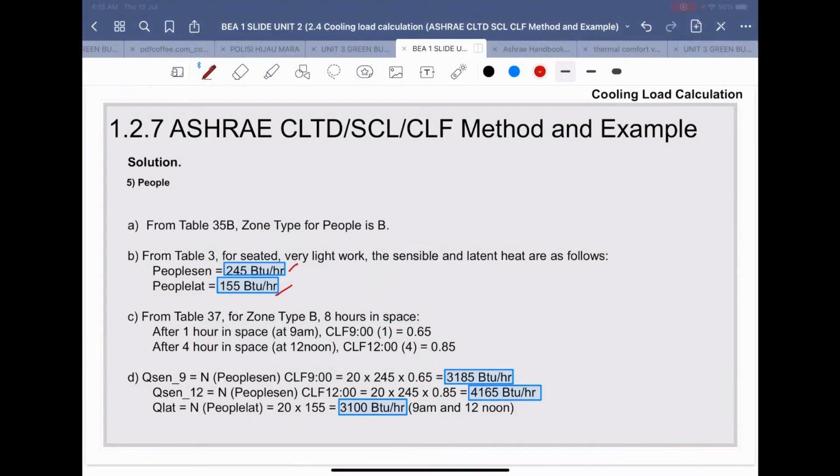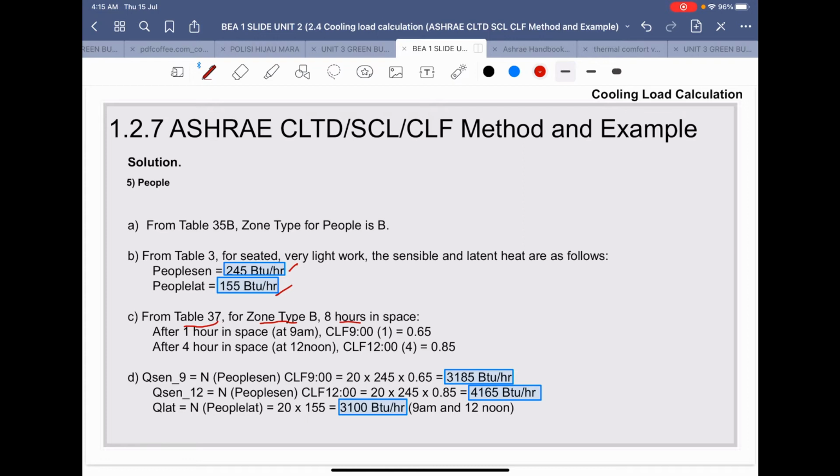We know that we can calculate the cooling load from people. After that we have to go to table 37 for zone type B and 8 hours. We know the people are seated doing very light activity for about 8 hours in this classroom.